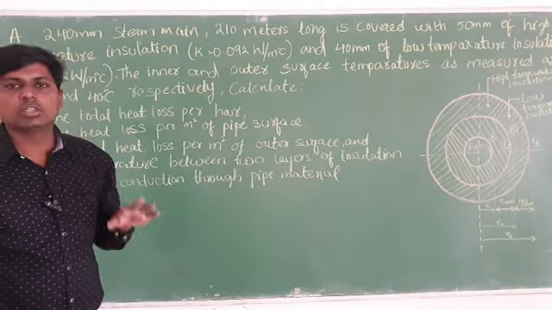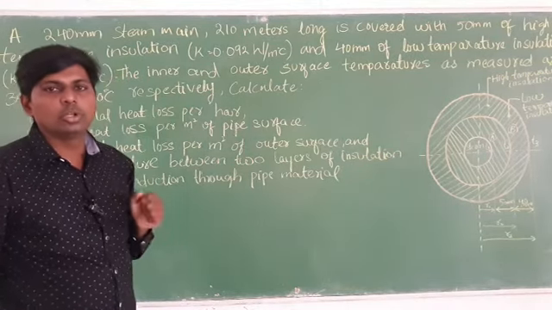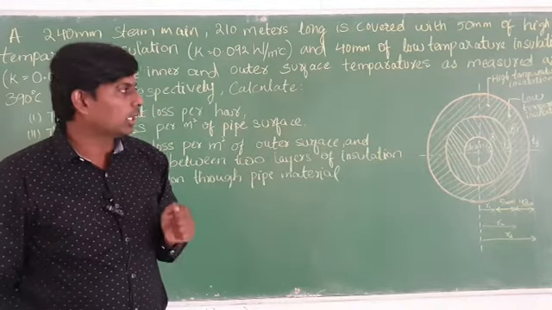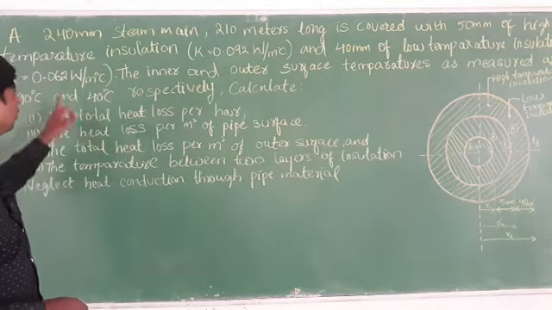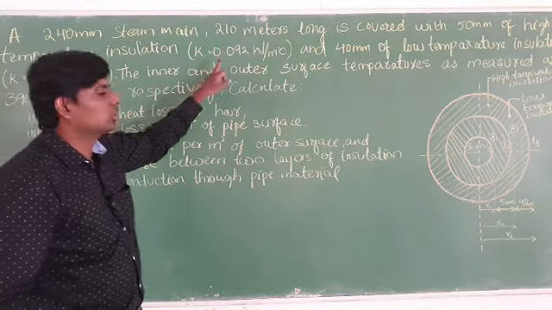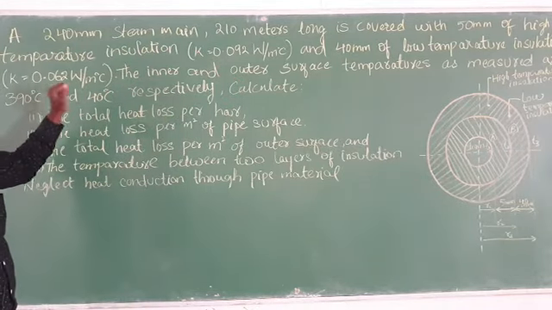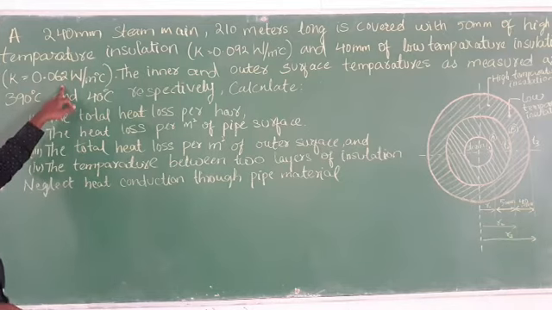One insulator is made of high temperature material and the other of low temperature material, and both K values are given. The first is the high temperature K value and the second is the low temperature K value.